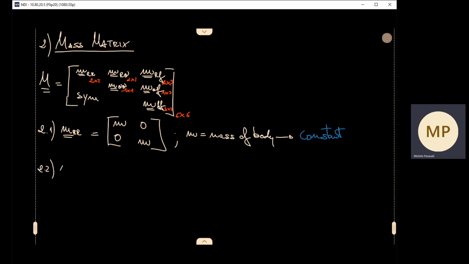We have M_Rθ. Okay. So by definition, this was the integral over V of rho, the matrix B, and dV.